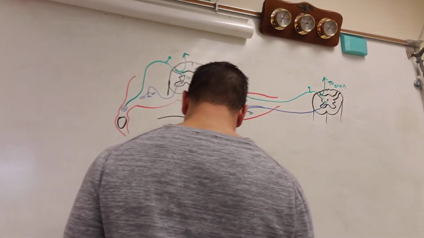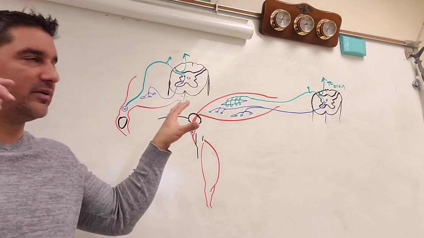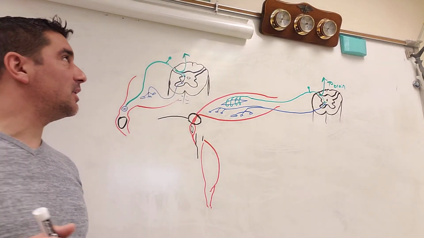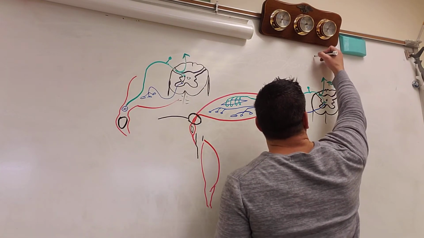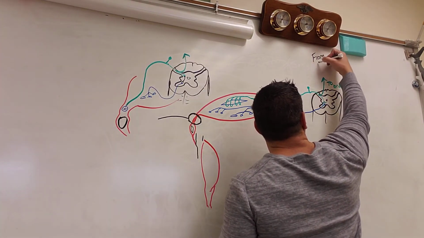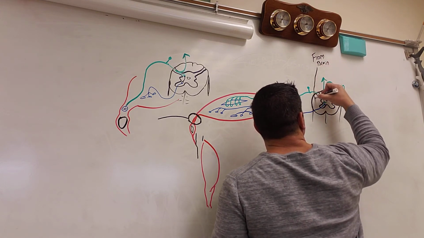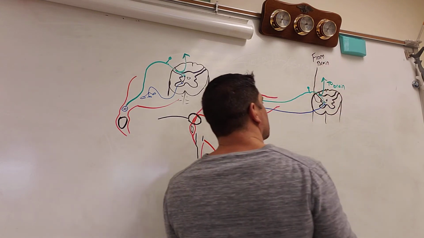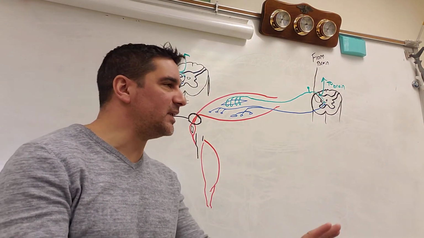But wait, there's more. I'm going to go over this again in a second. We also have the power from the brain to generate IPSPs and EPSPs to either stop a reflex from happening, slow it down, or excite it.